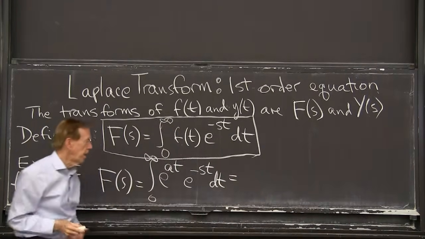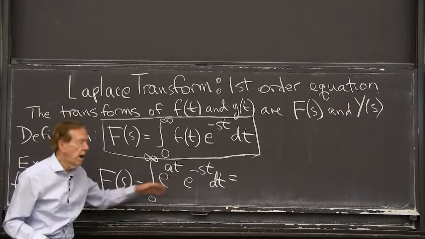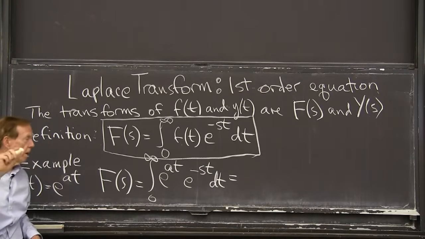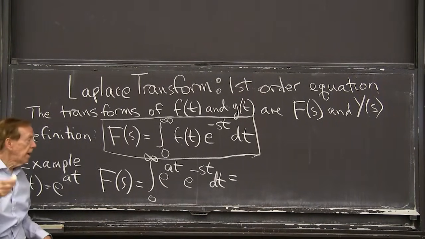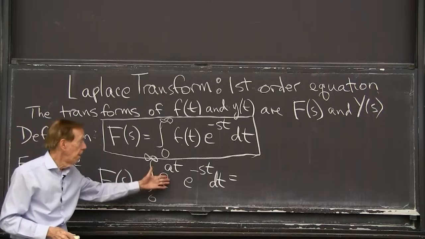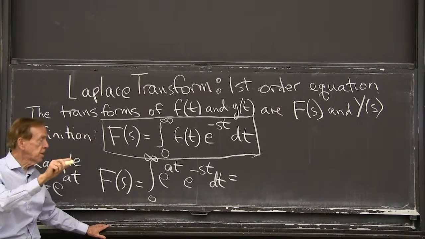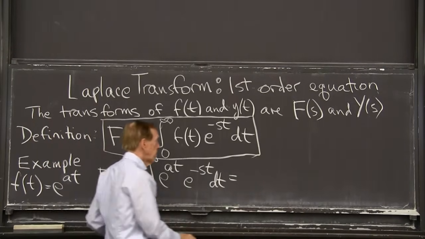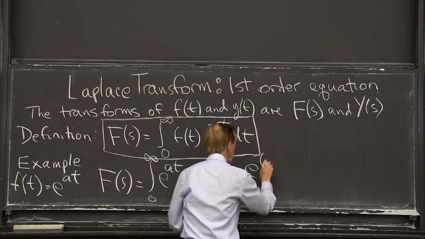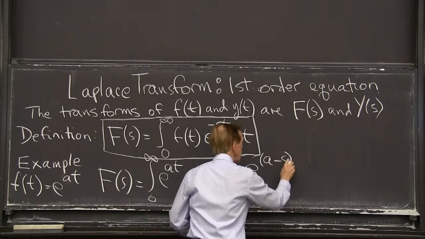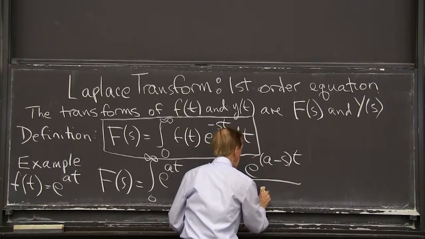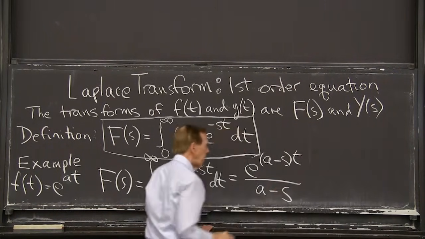Okay, I can do that integral, because those combine into e to the a minus s, t. I can put those together into e to the a minus s t. I integrate. So I get e to the a minus s t divided by a minus s.